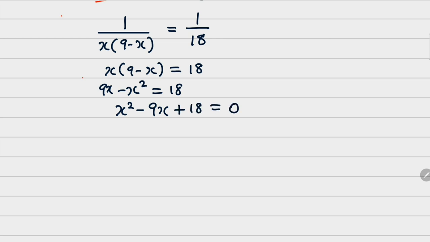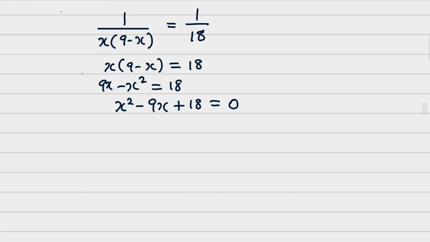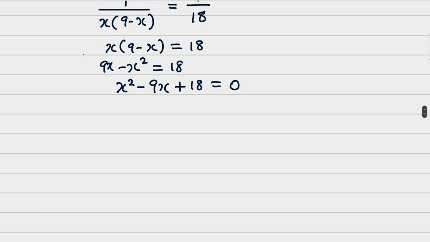Now solving this quadratically, the factors of 18 that will sum up to minus 9x will be minus 6 and minus 3. So I'm going to have x squared, then I have my minus 6x minus 3x. Those are the factors. Then I have plus 18 is equals to 0.